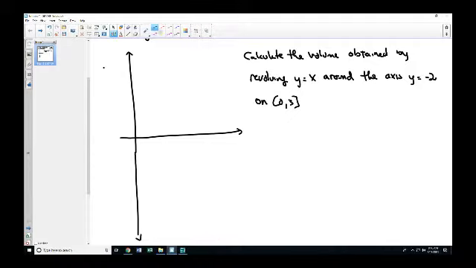y equals x looks like this, right? 0, 3. So yesterday we revolved around this line, right?